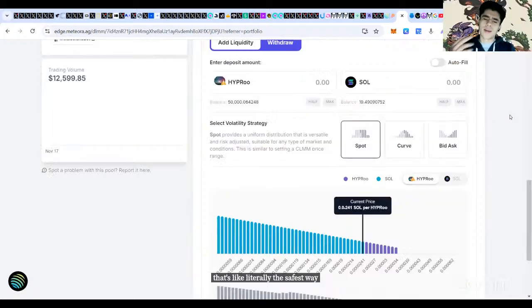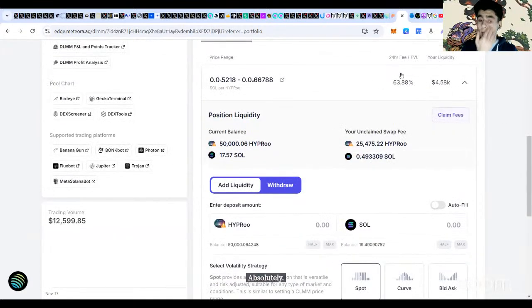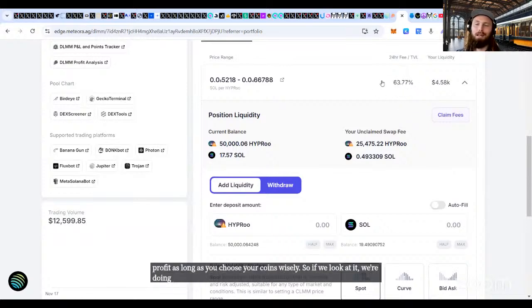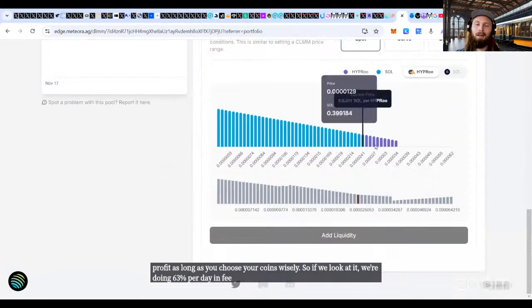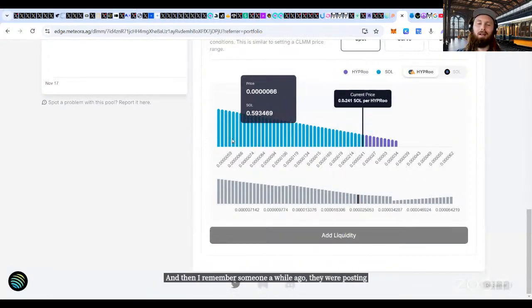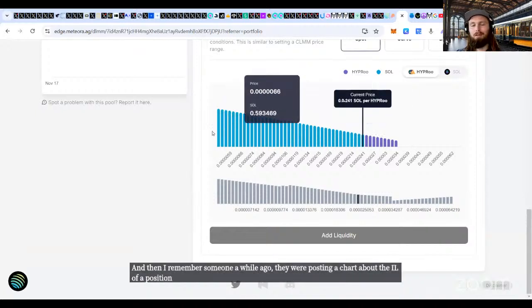Absolutely. I couldn't agree more, man. And check it out. Mathematically, you're almost guaranteed profit as long as you choose your coins wisely. If we look at it, we're doing 63% per day in fee generation. I remember someone a while ago posting a chart about the IL of a position as it progresses through your range.